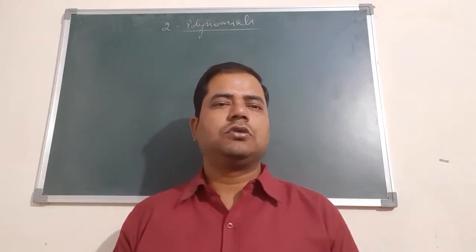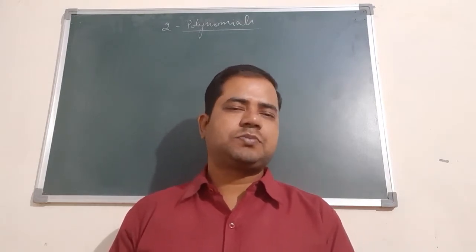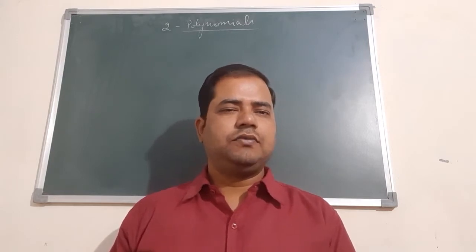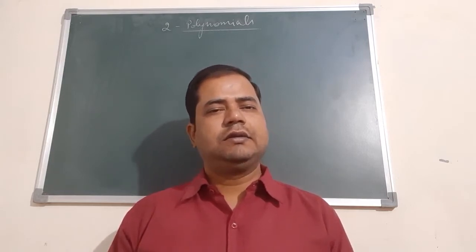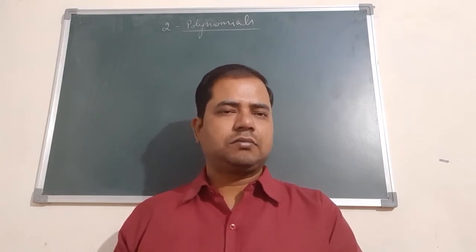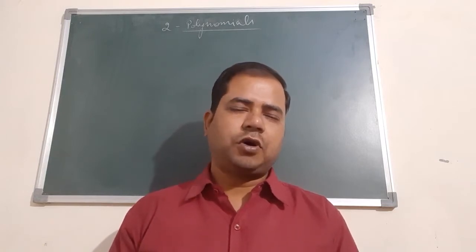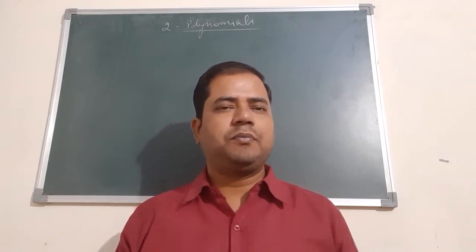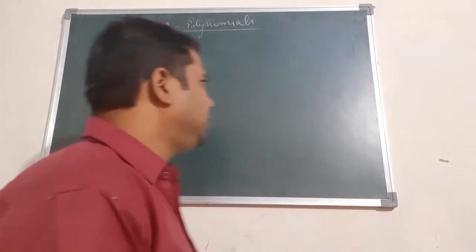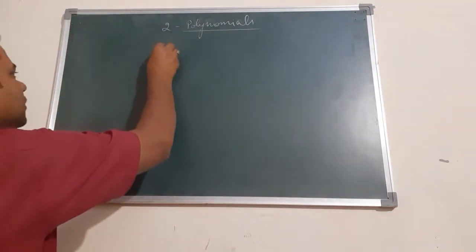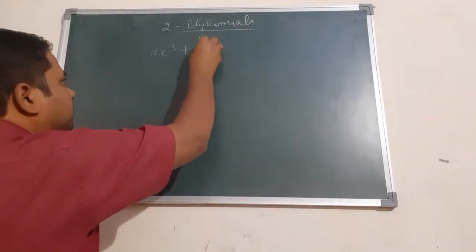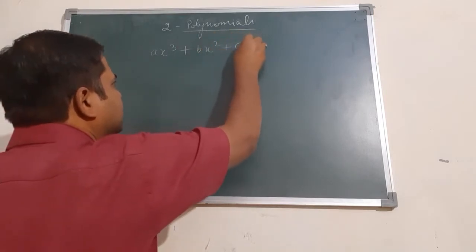Polynomial: an algebraic expression in which constants and variables are present is known as a polynomial. For example, ax cube plus bx square plus cx plus d.